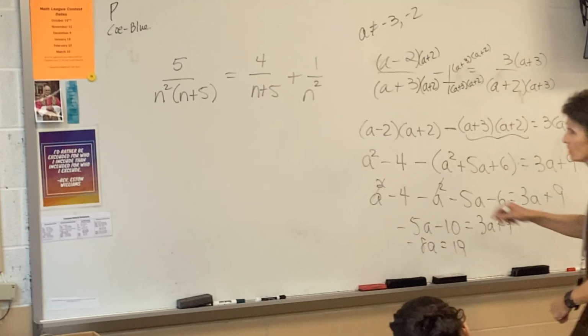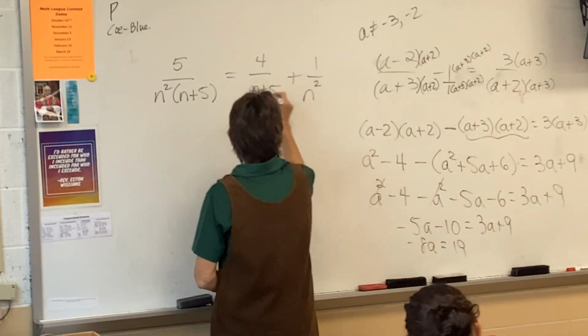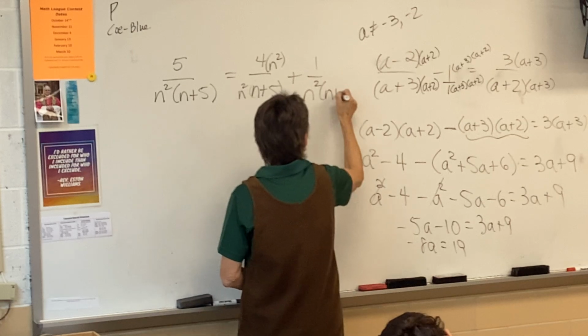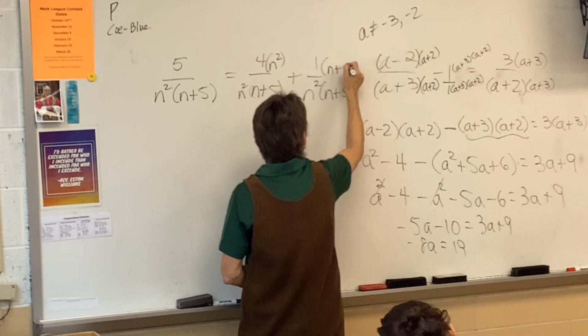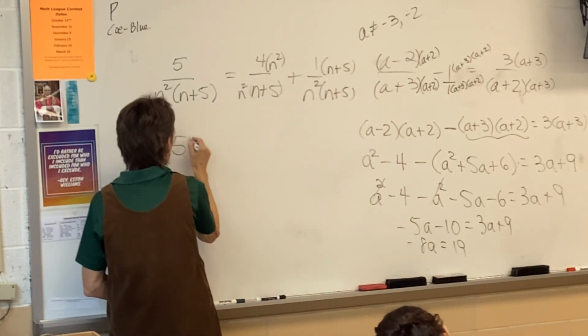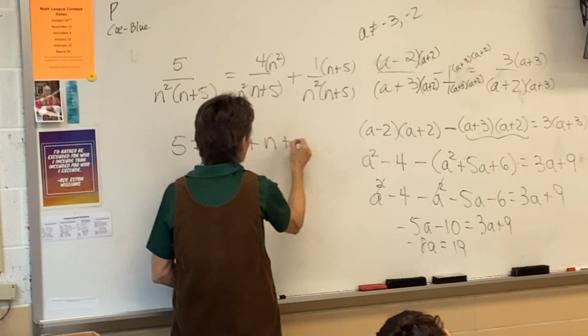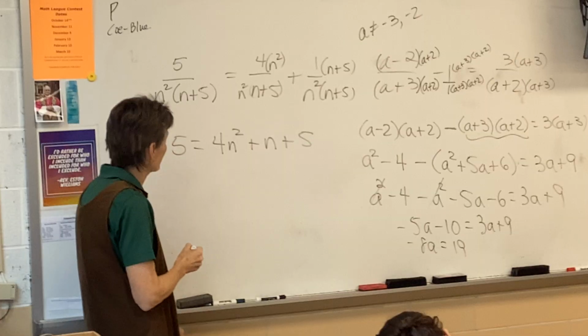So this is all good. This one needs an n squared. And this one needs an n plus 5. So 5 equals 4n squared plus n plus 5. Check that out, is that okay?